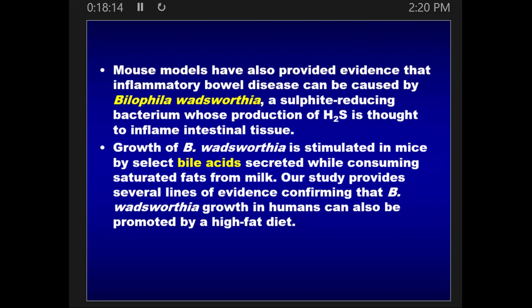In this particular study, they were looking at mice being fed milk with fat in it. And so they're saying if you follow a high-fat diet, that this could happen if you have Bilophila in your microbiome.